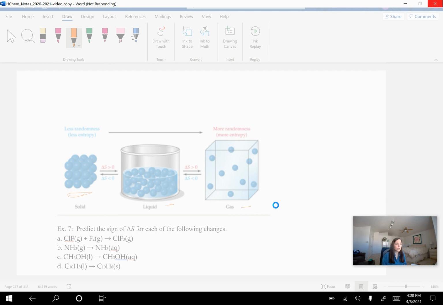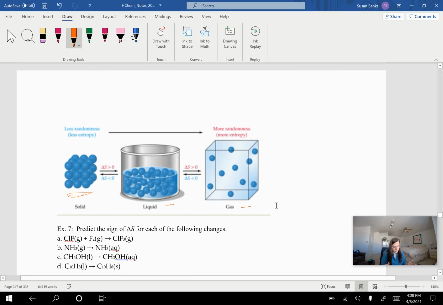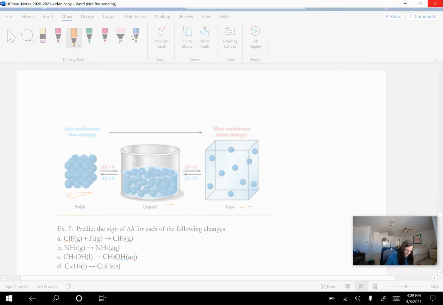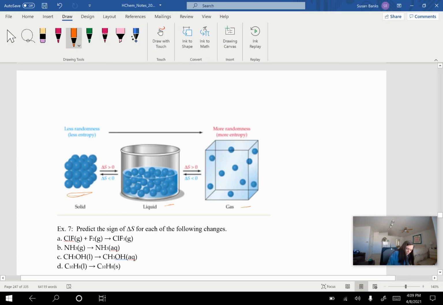Which has more order? 2 things bouncing around or 1 thing bouncing around? 1 thing bouncing around. So that 1 molecule has more order. So as we go from our reactant to our product, we are actually becoming more ordered because we only have 1 molecule. So because it's more ordered, our delta S is going to be negative because we're creating order in that system. So for A, this is going to be negative delta S.